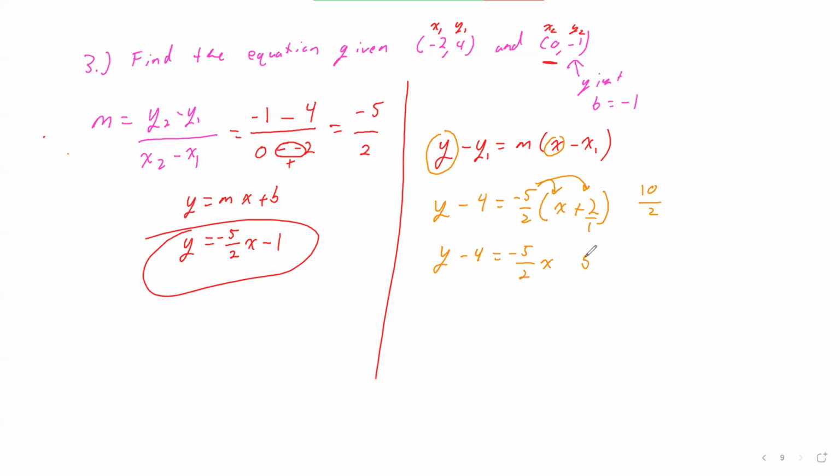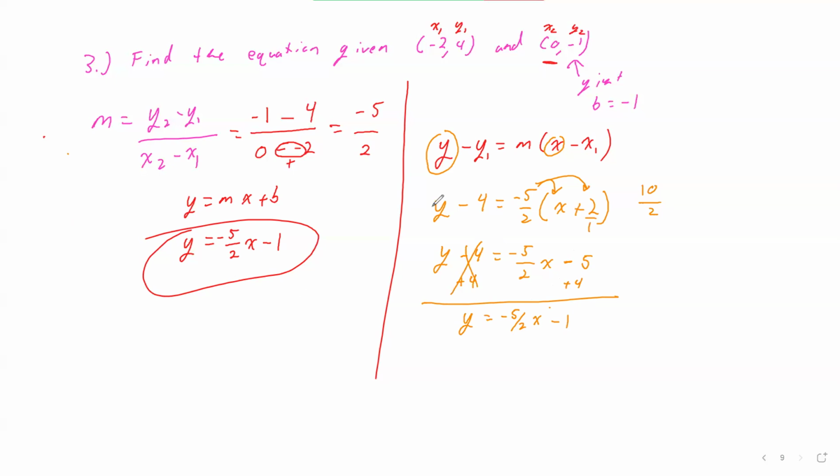Good. Now, will it be a positive or negative? Negative, because it's a negative 5 halves times 2, so it'd be negative. What was the second step? Add 4. Get rid of the number next to the y by either adding or subtracting. So I'm going to add 4. Which is what we got here.